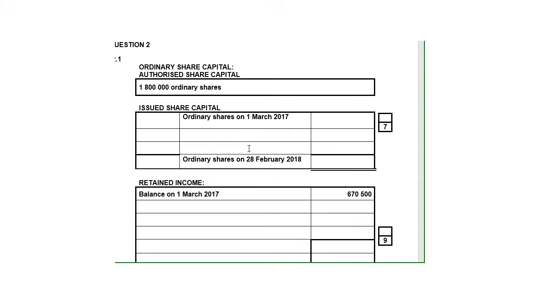We'll do them in the sequence that they happened. If we first issued new, we'll put that on the first line, but if we first bought back, we'll put that on the first line. We will then do the sum and get to what the shares at the end of the year was. So ordinary shares, 28 February, this side number, that side amount.